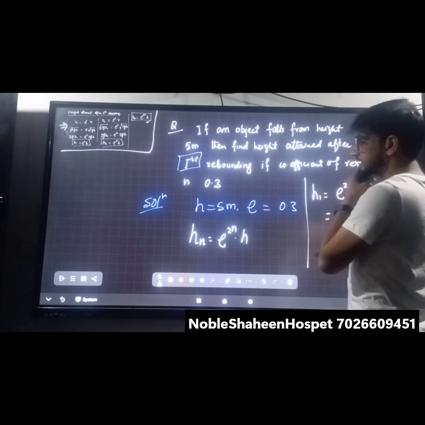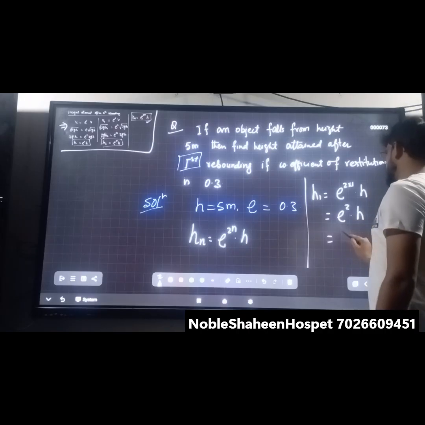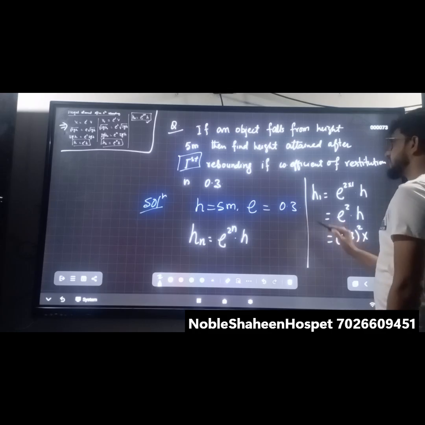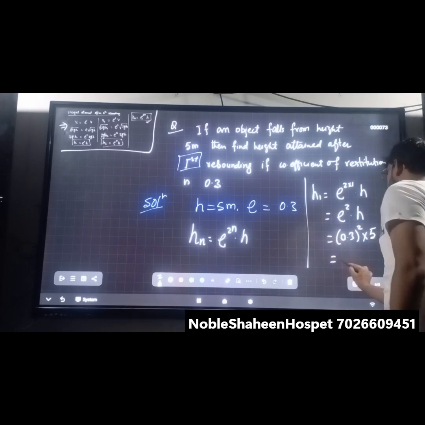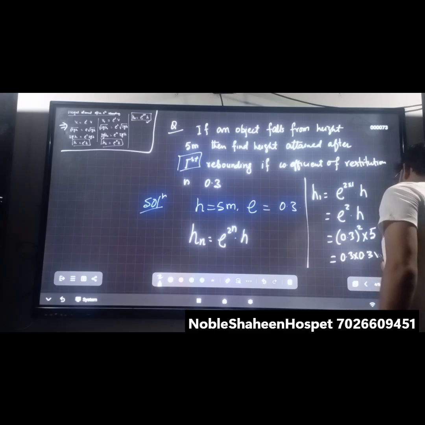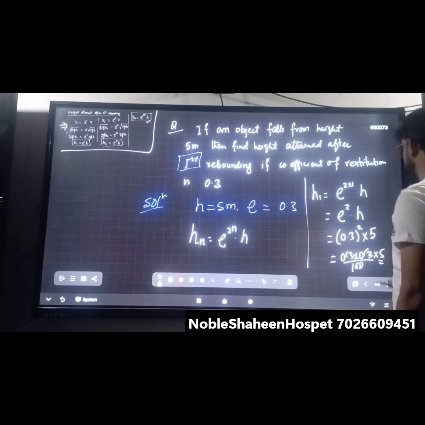When we put the value of e and h, e is 0.3, so 0.3 square into h, which is 5 meter, so it will be 0.3 into 0.3 into 5, and this will be 45 over 100, so the answer will be 0.45 meter.